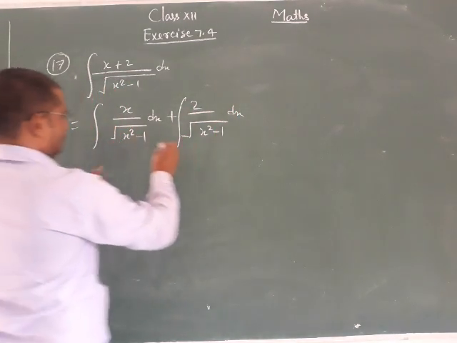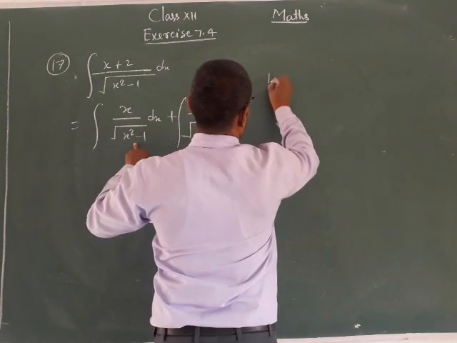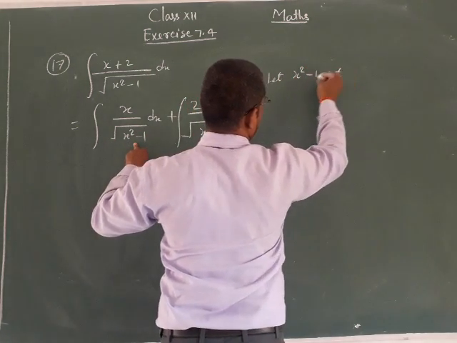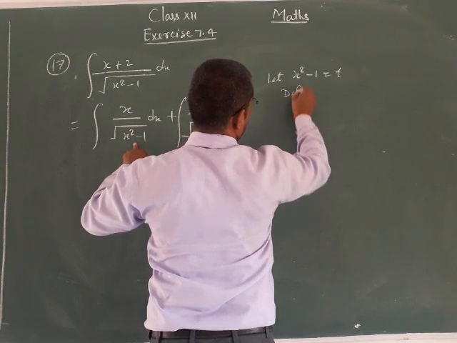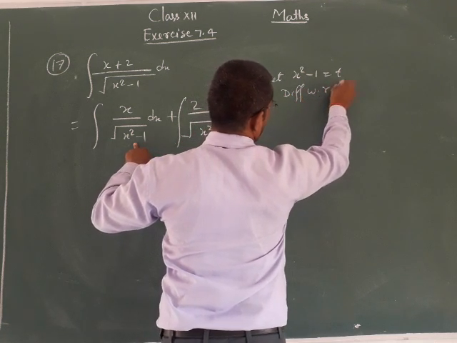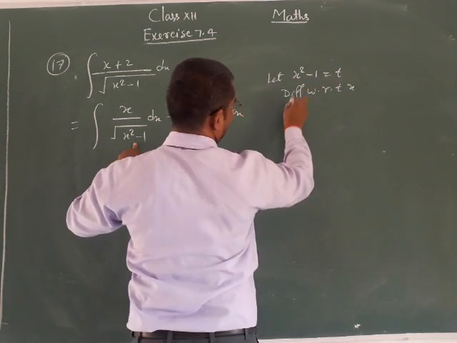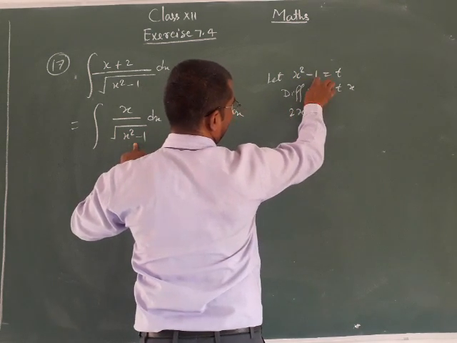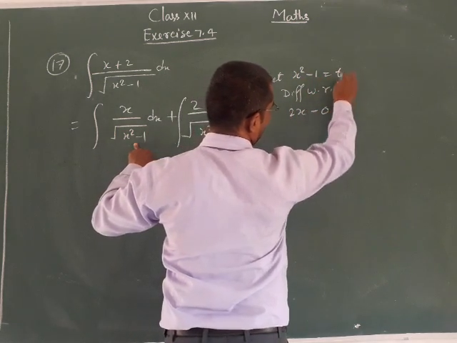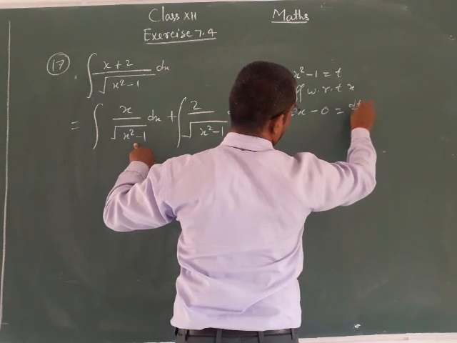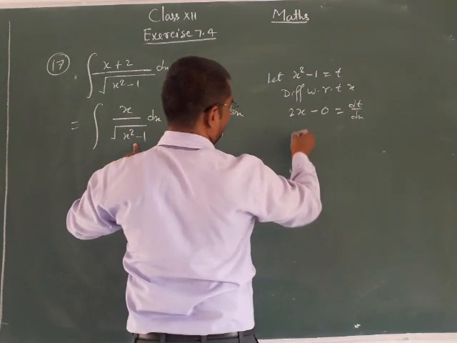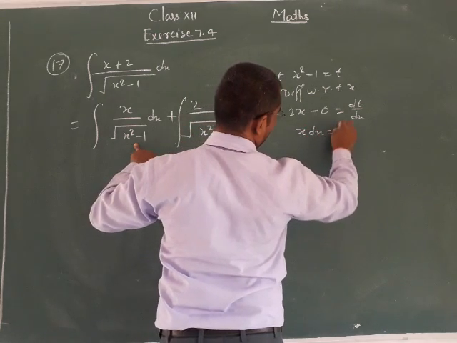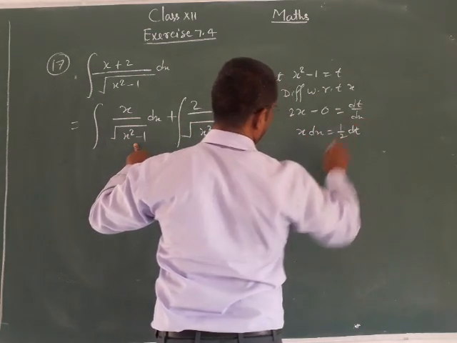Now let x square minus 1 is equal to t. Differentiating with respect to x, we get derivative of x square 2x and derivative of 1 is 0, equal to dt upon dx. So x dx is equal to 1 by 2 dt.